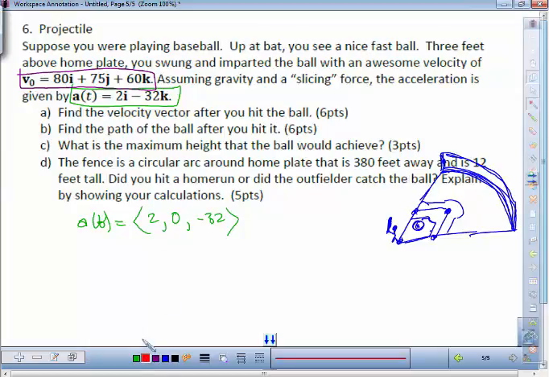What's our initial condition for the position? Zero. So what is it? 0, 0, 3. This is 3-dimensional, so the height is in the K component, the third component.